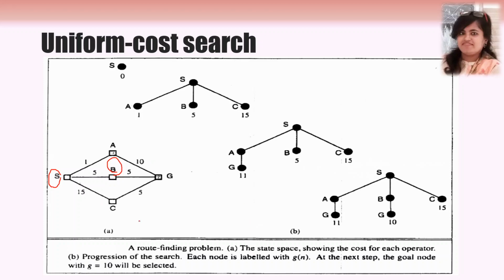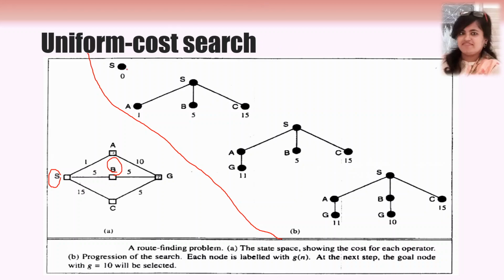The A figure is the state space showing the cost for each operator. And the B figure shows the progression of the search, how the searching is going on.